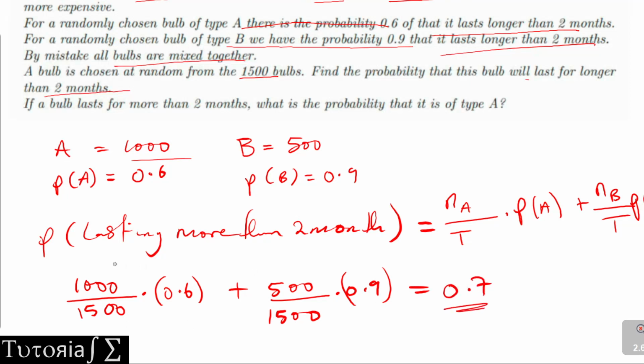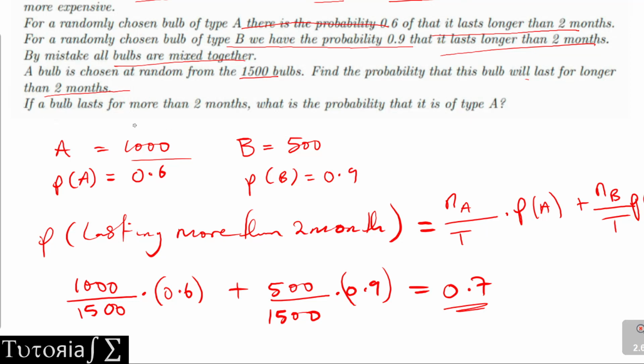So that is the probability that it will last more than 2 months, because here we have two probabilities of each lasting a certain amount of months. To find the probability that it will last more than 2 months, we have to combine the probabilities, because it will be chosen randomly.